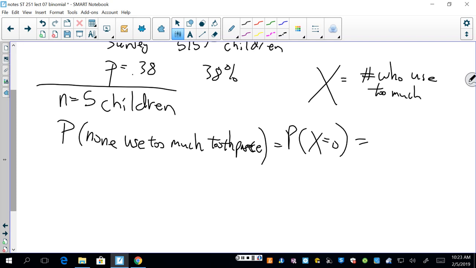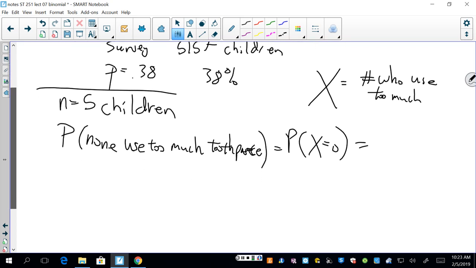What's the chance that the first child does not use too much toothpaste? Yeah. We need to find out the number of children that do use too much toothpaste. Well, yeah, so the thinking is that maybe we would do how many don't use too much toothpaste.